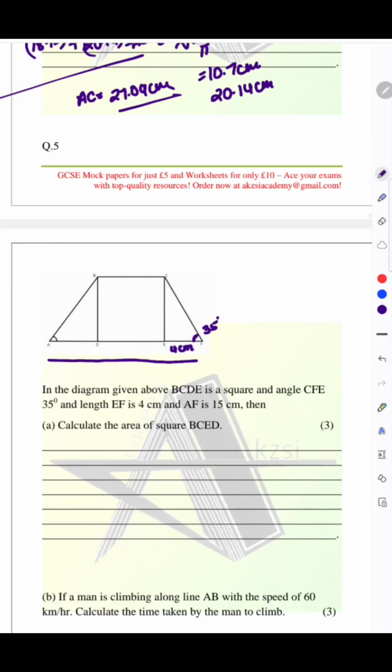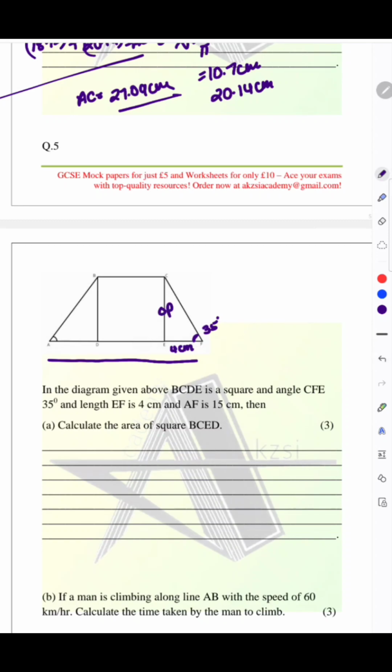Then calculate the area of the square BCED. That means clearly we have to calculate this one. We have one angle, we have one side, so it's easy. We can apply a trigonometric ratio. If this is the angle given, clearly this one is adjacent and this one is opposite, that we have to calculate.